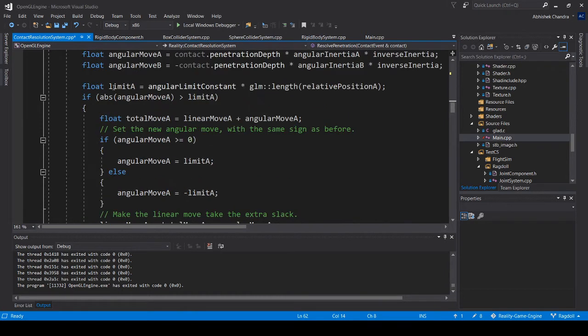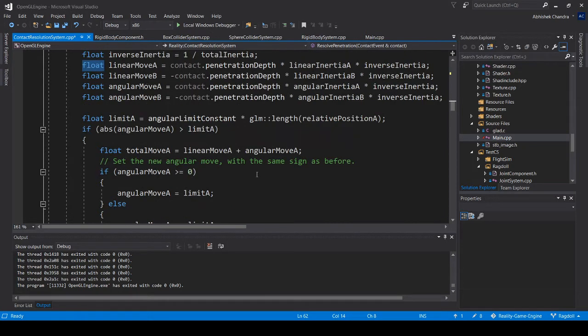Then there's this little thing about a limit. We do want to constrain how much this angular movement is going to be. This angular movement is the correction for the penetration. It is possible that this movement actually causes new penetrations. So we want to limit how much this angular correction can be.